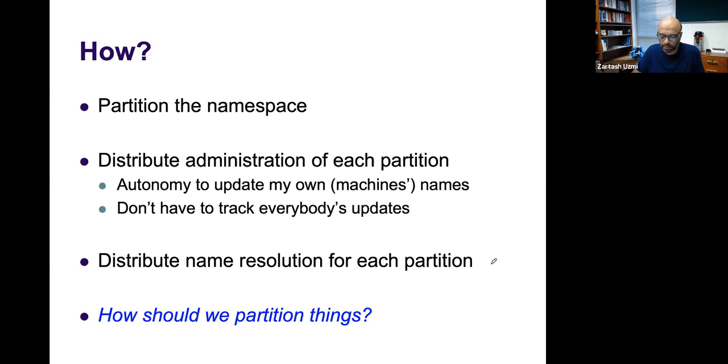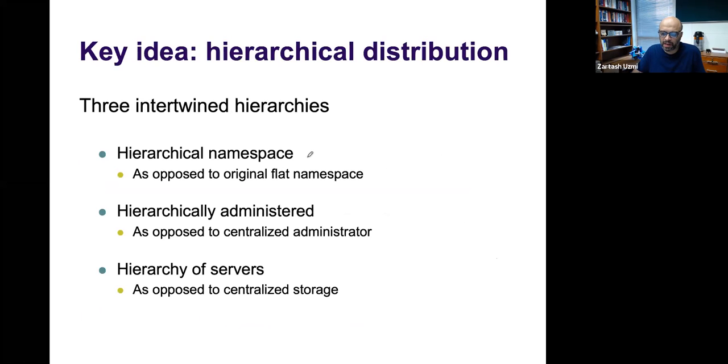And the way that this happens is by means of three intertwined hierarchies. These three intertwined hierarchies are a hierarchical namespace, which is hierarchically administered, not centrally administered. Not just the namespace is hierarchical. So you have lums.edu.pk.